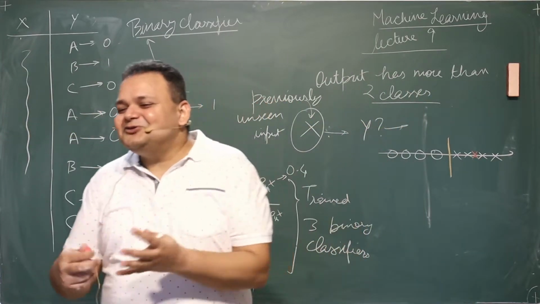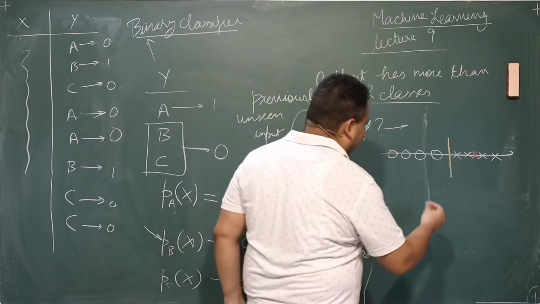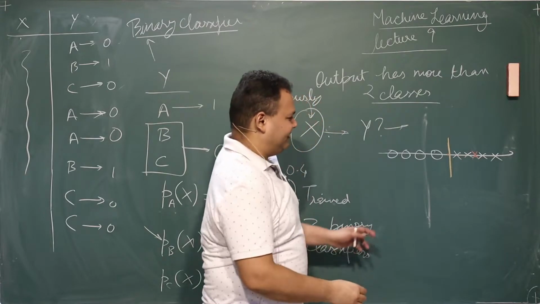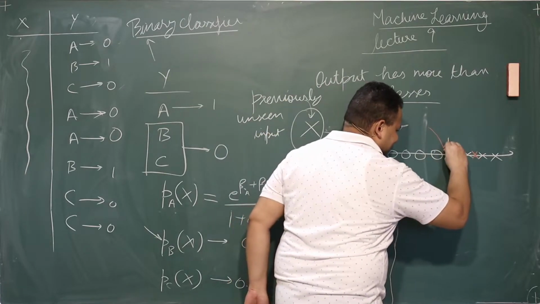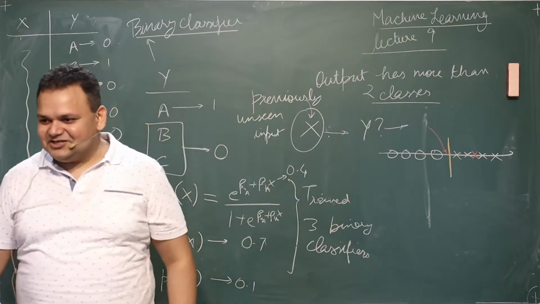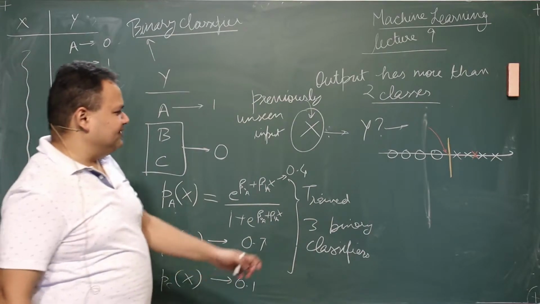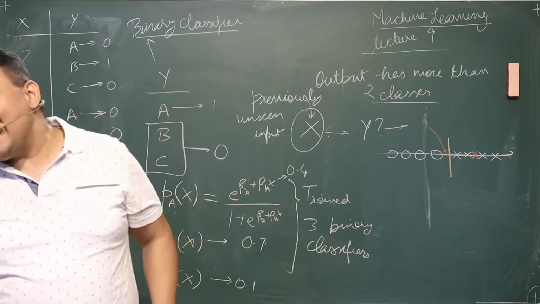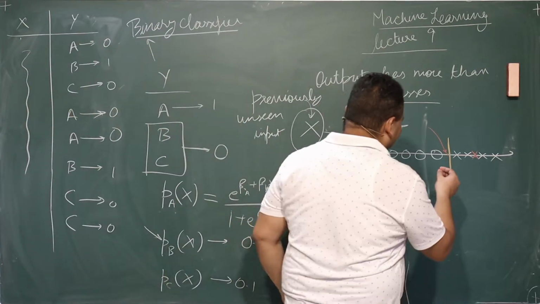But when we are close to the decision boundary, let us say my point is over here, denoted by the arrow, very close to my decision boundary, I may assign a 0 to it based on my algorithm.